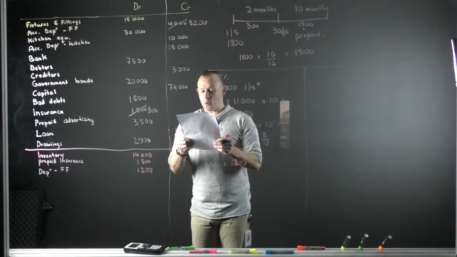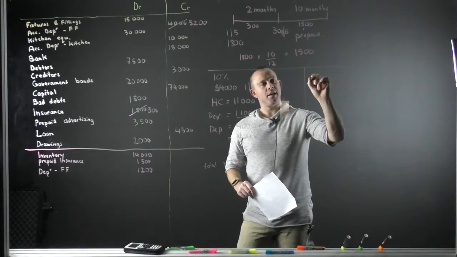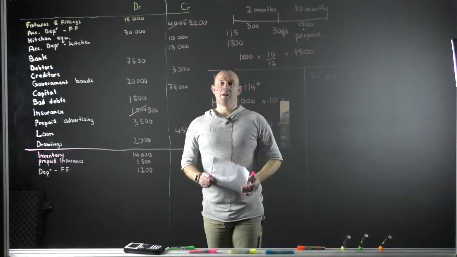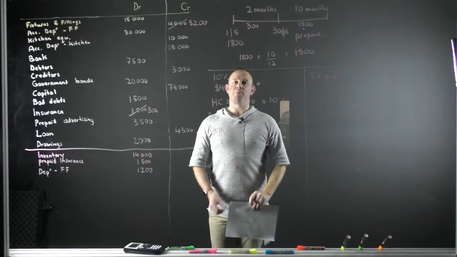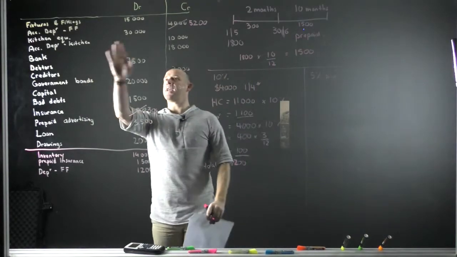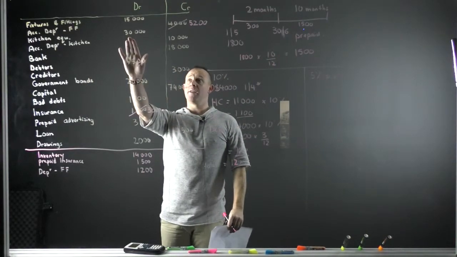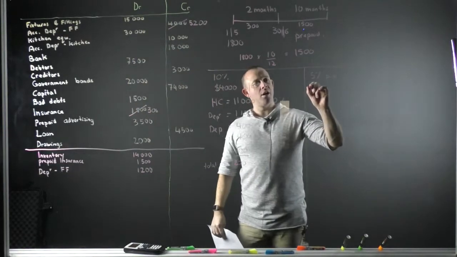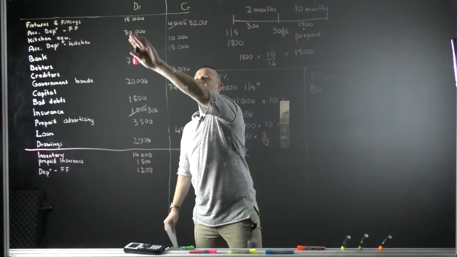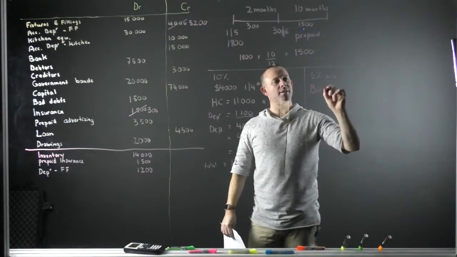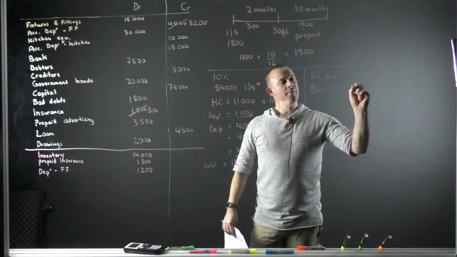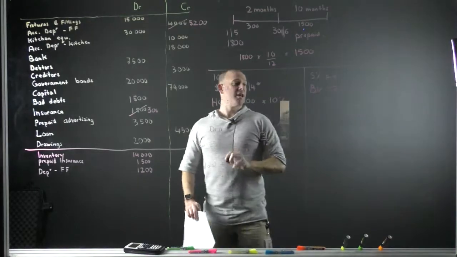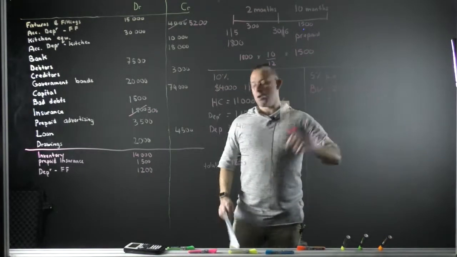Next one, kitchen equipment is depreciated at 5% per annum using diminishing balance. With the diminishing method, we must use the book value. The historical cost is 30,000, the accumulated depreciation is 10,000, so the book value is 30,000 minus 10,000 gives us 20,000. And we just take 5% of that amount, and that will give us $1,000.